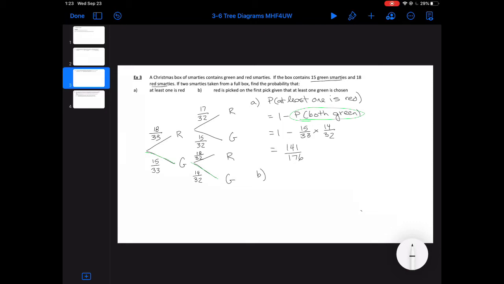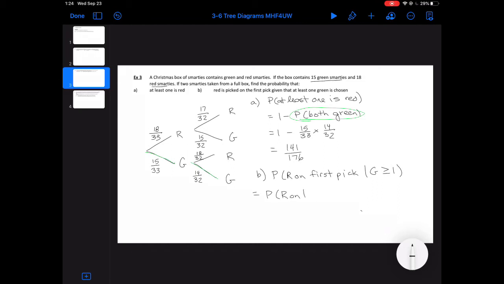My second option here is if red is picked on the first pick, given that at least one green is chosen. So now we're combining our conditional probability. So we want the probability that it's red on the first pick, given that green is greater than 1, that we get at least one green. Okay, so we're going to set up our equation.